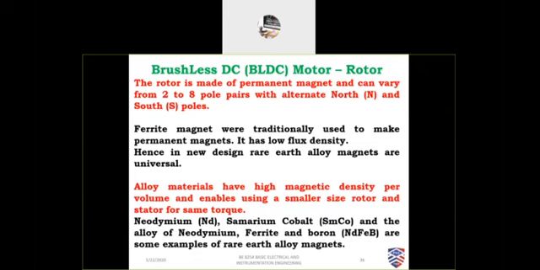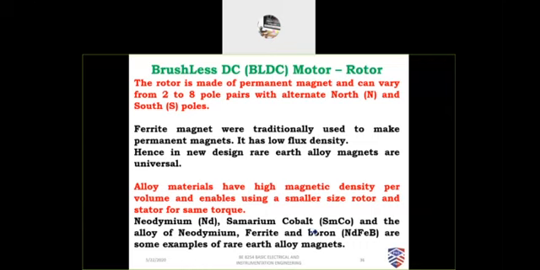So neodymium, samarium cobalt, and the alloy of neodymium, ferrite, and boron are some examples of rare earth alloys. Neodymium, ferrite, boron are generally used, NdFeB.